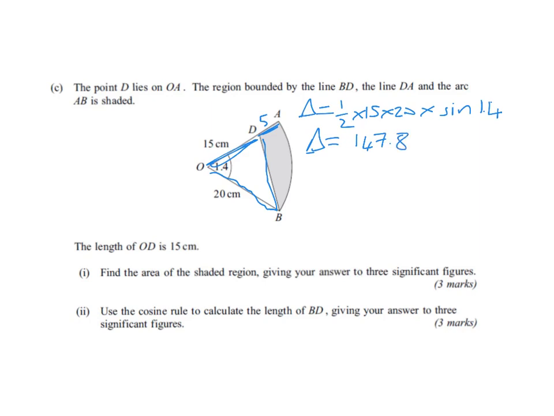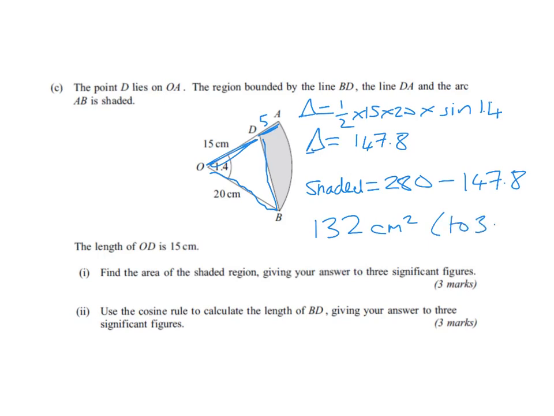We want the shaded area. Shaded area is going to equal our answer from before, which was 280, minus 147.8. And we've got 132 centimetres squared, rounded to 3 significant figures.